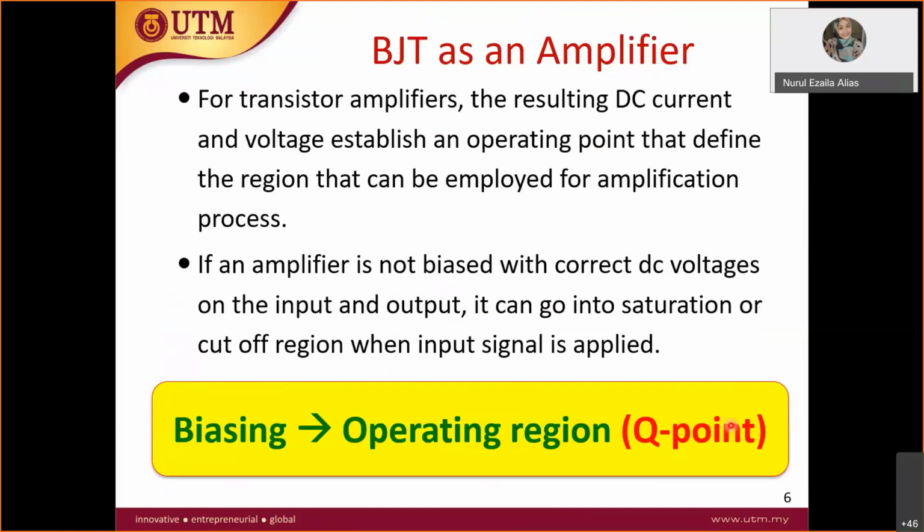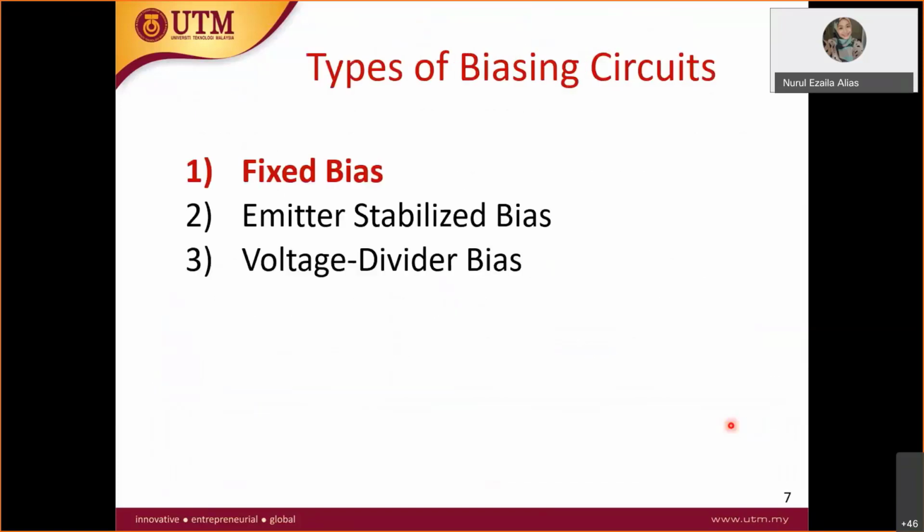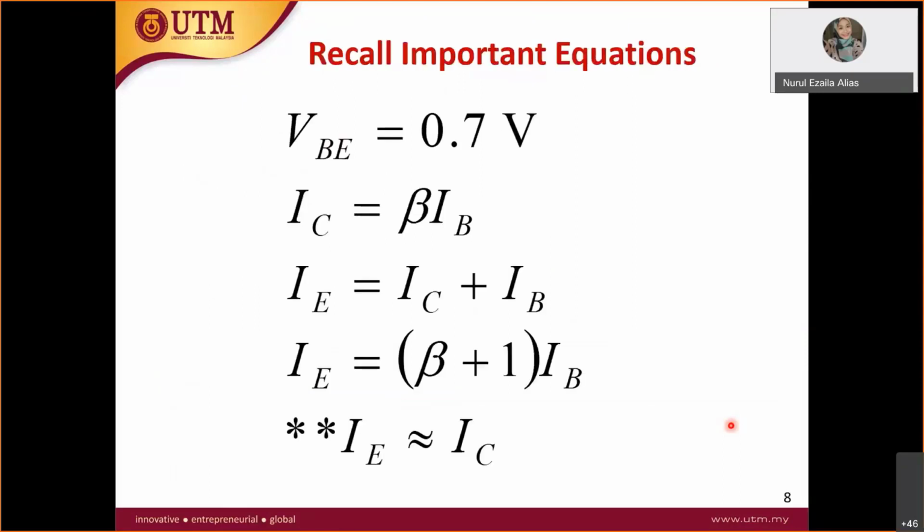For the diode, you find the Q point IDQ, VDQ. For BJT, you want to find the Q point IBQ, ICQ, and IEQ. Like I said, biasing has 3 types. Today I'll show you one type only, the fixed bias circuit. This is to recall the information.